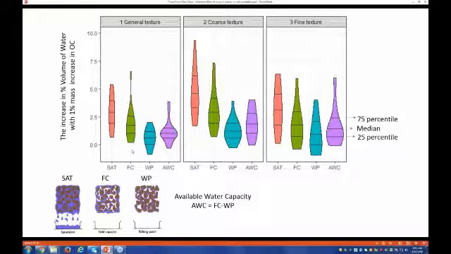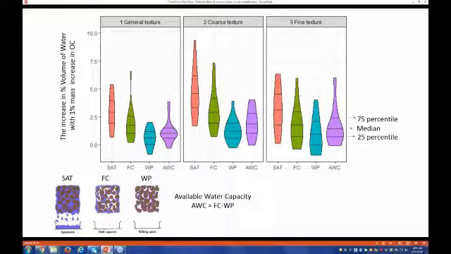This is what they call a violin plot. Apparently it's meant to be shaped like a violin. I don't know, it looks like a vase to me. But anyway, it's showing the distribution of the data from all these studies that I've collected. The fatter it is, the more studies are indicating those numbers.